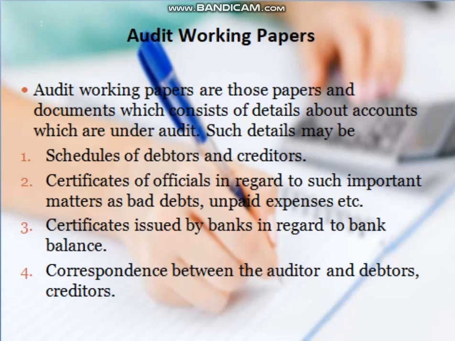Such details may be schedules of debtors and creditors, certificates of officials in regard to such important matters such as bad debts, unpaid expenses, etc. It is certificates issued by banks in regard to bank balance, correspondence between the auditor and debtor and the creditor.